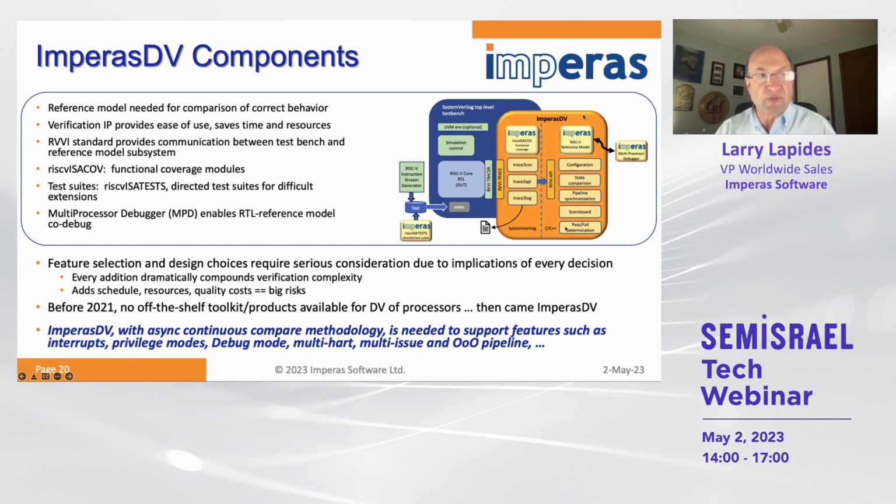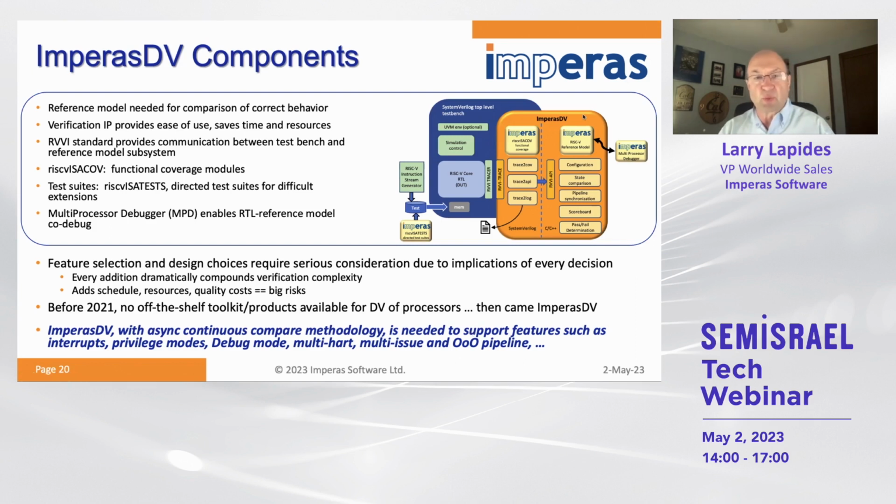There's a bunch of verification IP. There's actually functional coverage modules here. There are directed tests as well as an instruction stream generator here. And then last, there's the debugger. And again, having a methodology, a flow that looks like this to handle the asynchronous events is needed to support the complexities in the RISC-V processor.